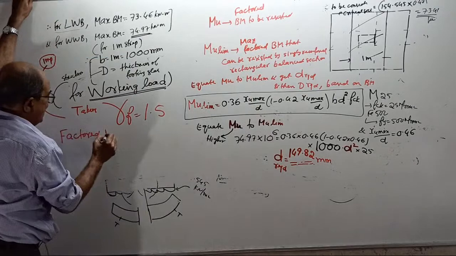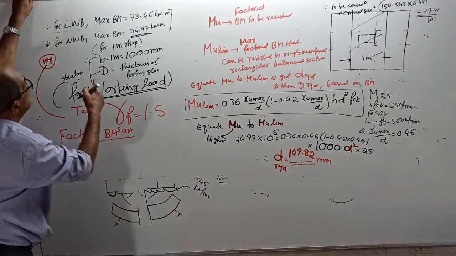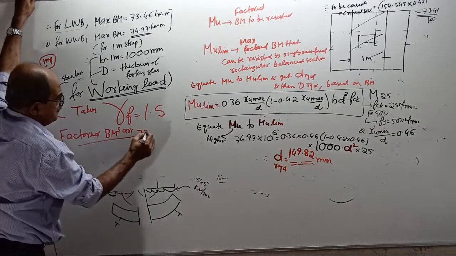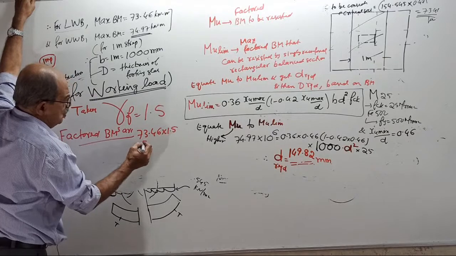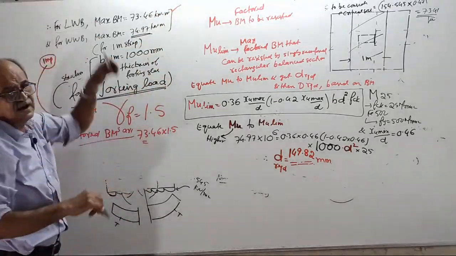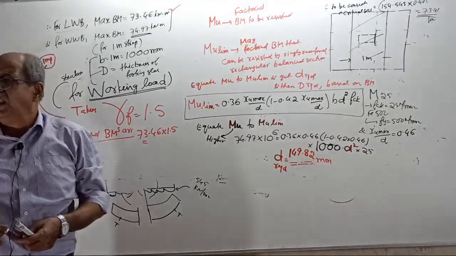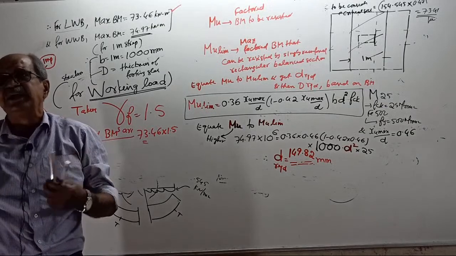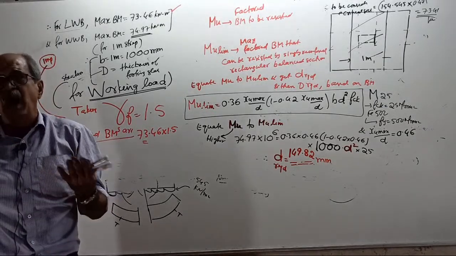Therefore, factored BMs are what? How much? 73.46 into 1.5 equal to, what is the answer? See, if you still make the mistake, I don't know how to correct it. If you go to the practical field and such mistakes are done, what will happen?